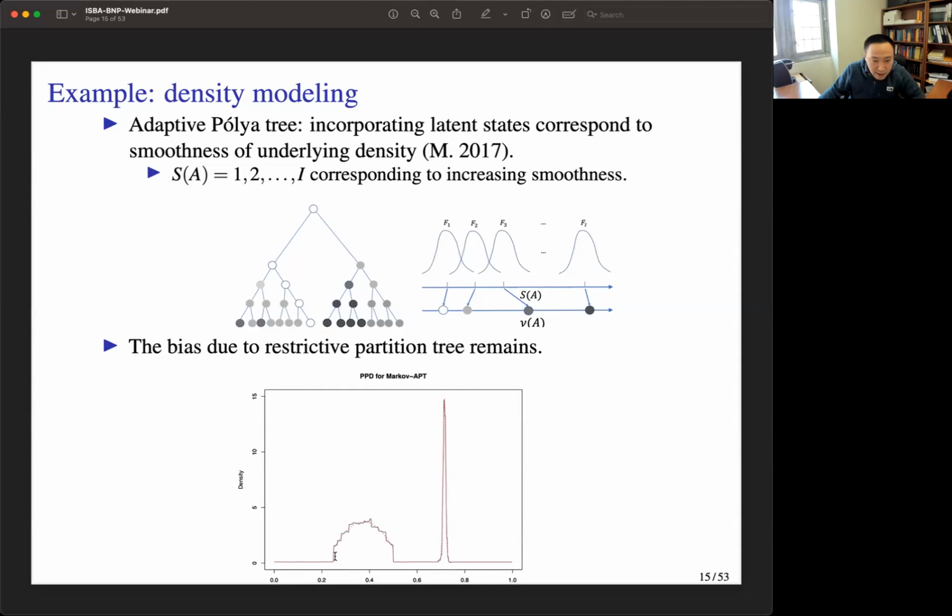Then you can get rid of the undersmoothing and oversmoothing in the low and high resolution levels by introducing this model. But if you look closely, the jumps along those partition lines still remain. And it's just a different issue. If you're going to deal with that, you have to remove the over-regularization or the constraints that you introduced by using a very restrictive partition tree.